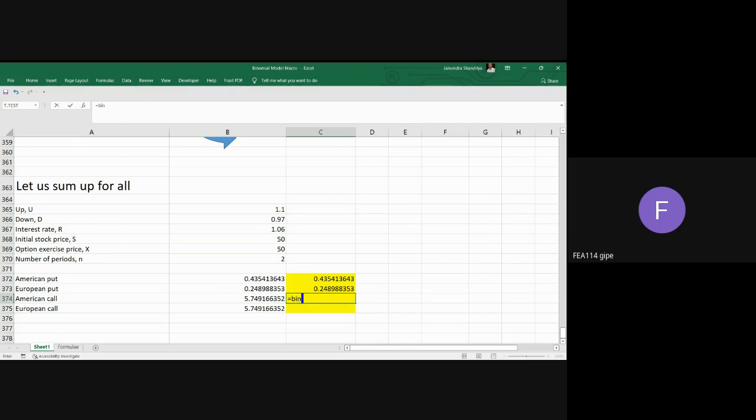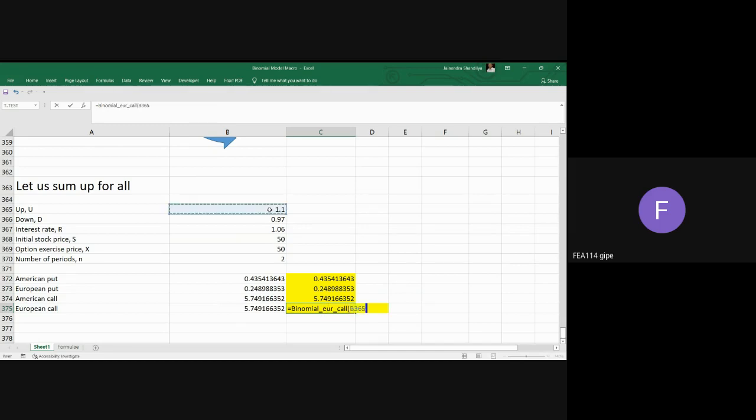So binomial American call, which is the first one, and I got the American call. Now if I have to get the European call, I have to use binomial European call.